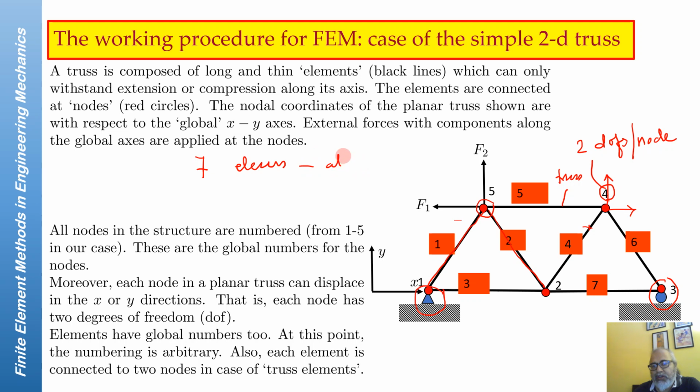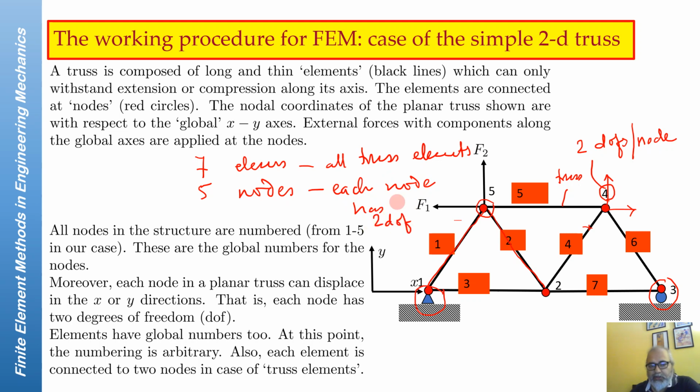All elements are truss elements. There are 5 nodes, and each of those nodes has 2 degrees of freedom.